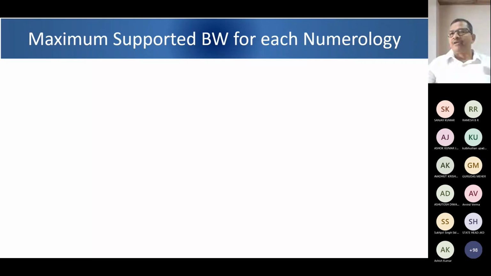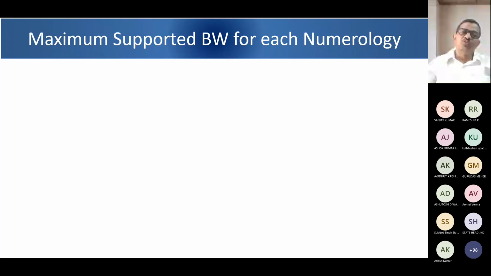There your latency requirement is less, data requirement is less, but coverage requirement is more. So there, if you use higher numerology, you may not be able to reach that space. You have to use a lower numerology, and also the time guard band, which we call cyclic prefix, is also higher, so that the inter-symbol interference can be avoided.